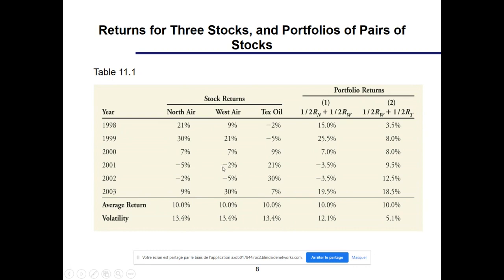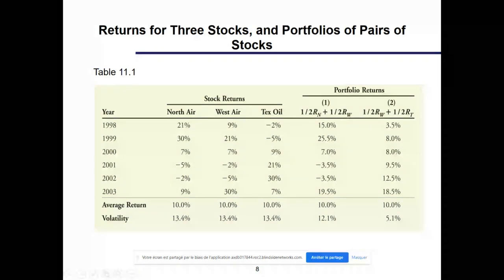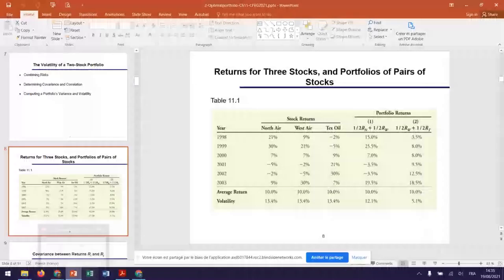But what else can we see? What do you see from the pattern of these returns for North Air, West Air, and Tex Oil? Anyone see something?